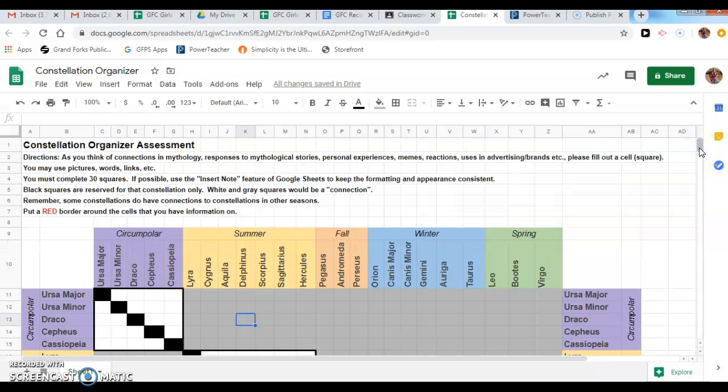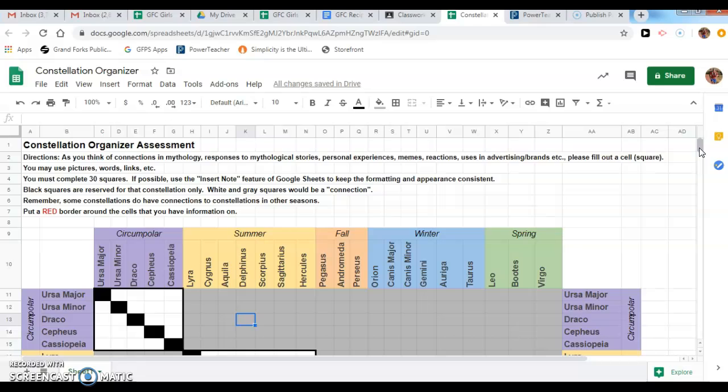If you look at the instructions, you can think about connections in mythology, responses to mythological stories, so maybe your impression of the story or what happened in the story, a personal experience, maybe a meme or a joke that you've seen online, a reaction, a use in advertising or brands.